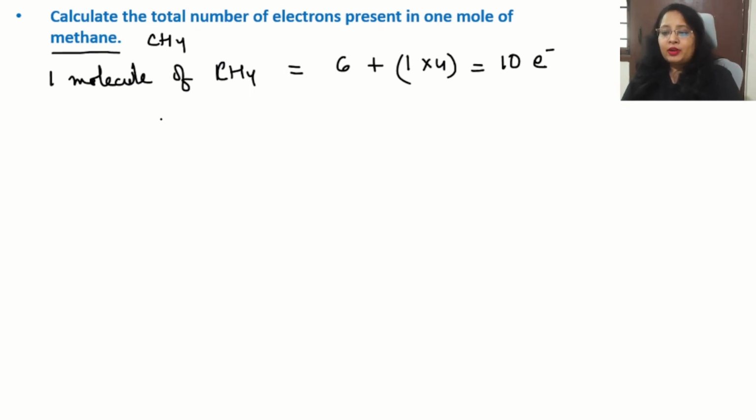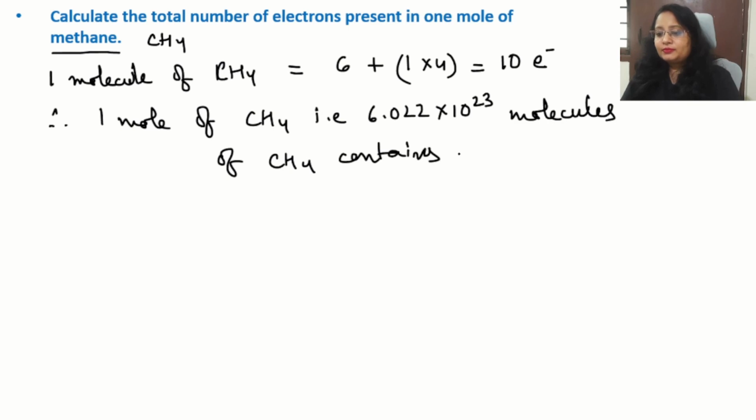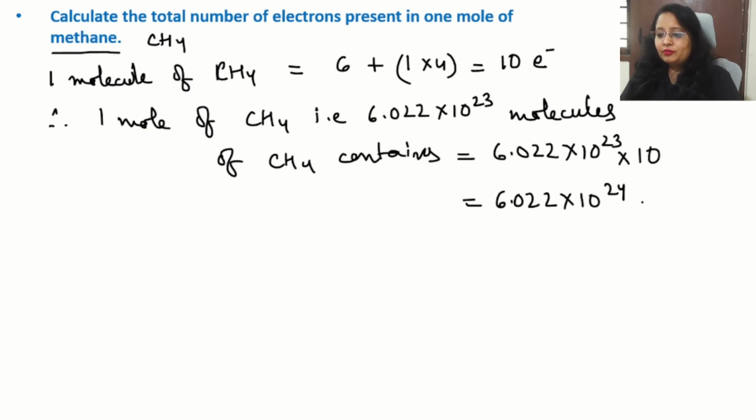Now they are asking in 1 mole of methane how many electrons. So that 1 mole of methane, that is 6.022 into 10 to the power 23 molecules of methane contain 6.022 into 10 to the power 23 multiplied by 10, and the answer will be 6.022 into 10 to the power 24 electrons.